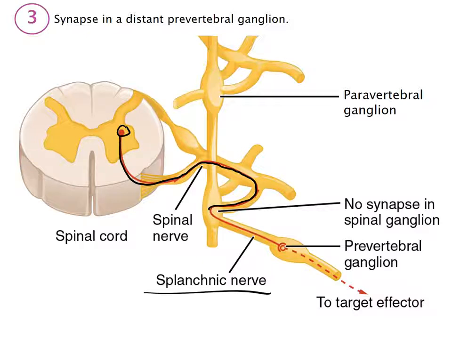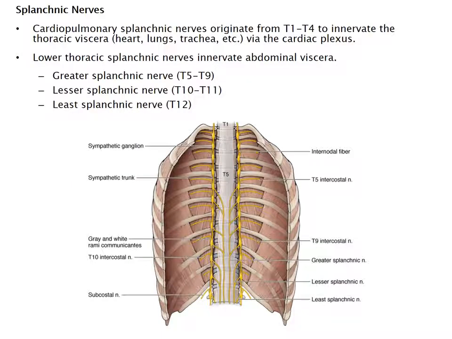Instead, the preganglionic fiber exits through the back door of the splanchnic nerve in order to make its way to a prevertebral ganglion. Remember, those ganglia were also called preaortic ganglia. Once inside the preaortic ganglia within the abdomen, the synapse occurs, and from there, the postganglionic fiber can be carried to its target tissue. There are a number of different types of splanchnic nerves.